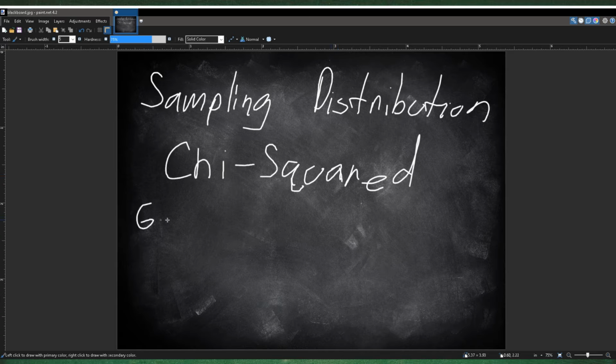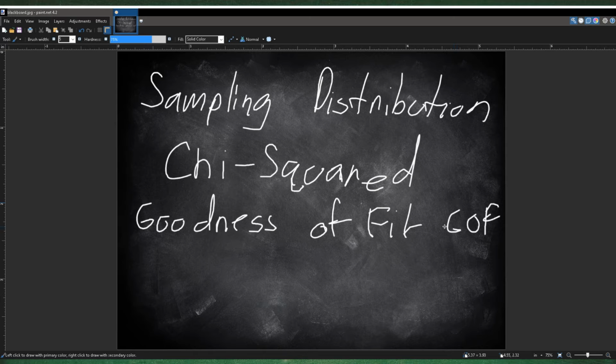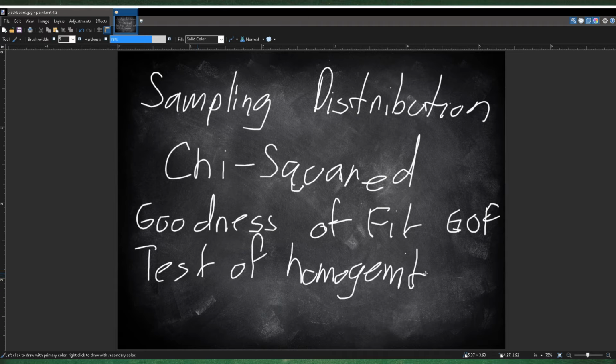There's chi-square goodness of fit, which I usually refer to as GOF because it's easier to write than the entire thing, then a chi-square test of homogeneity, and a chi-square test of independence.